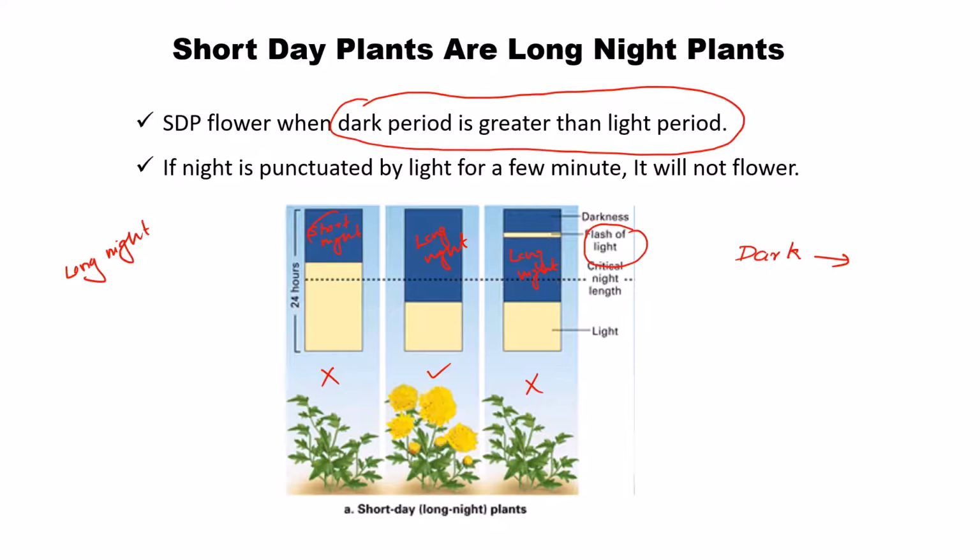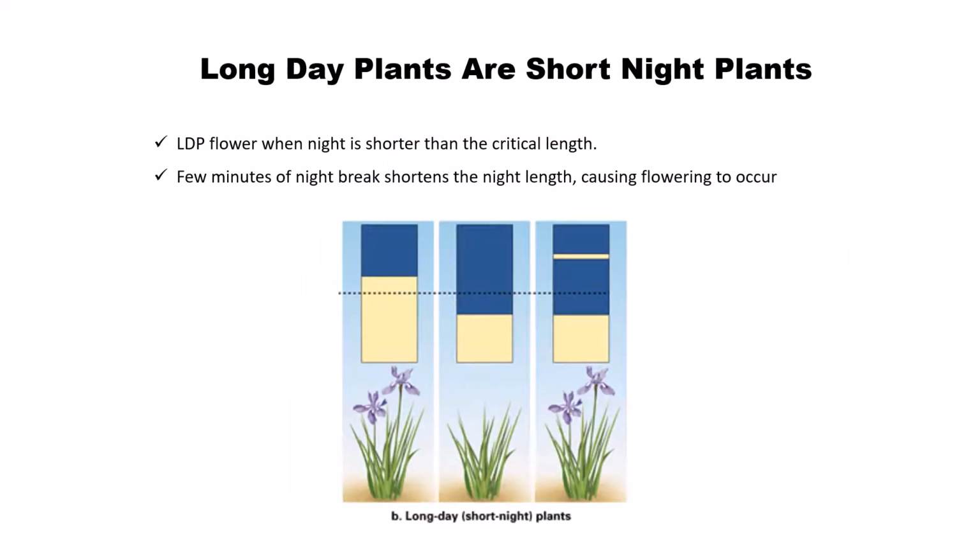Okay, remember that. Next, long day plants are short night plants. So long day plants need a short night for flowering. Long day plants flower when the night is shorter than the critical length.